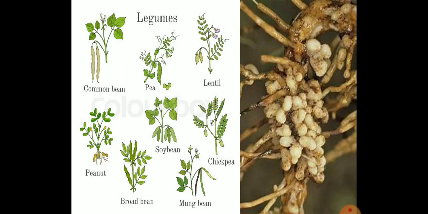Rhizobium bacteria can be found in the root nodules of leguminous plants. These are swellings that can be found along the roots. Rhizobium carries out the process of nitrogen fixation.